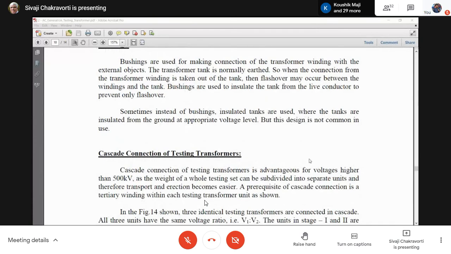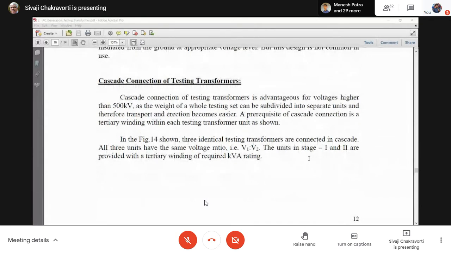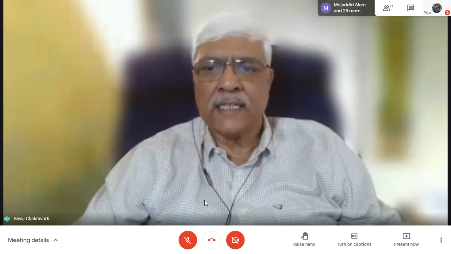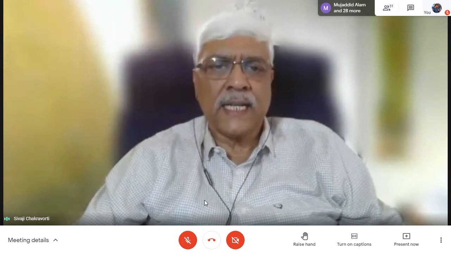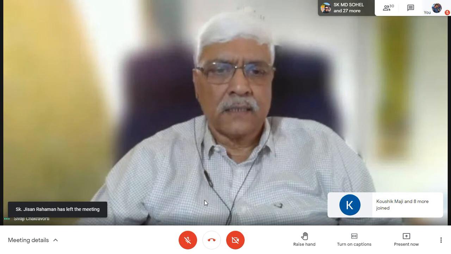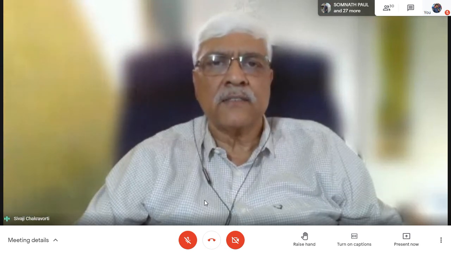Then comes a cascade connection of transformers. What is cascade connection? Now again, let me show you a figure. Then you get a clear idea as to what is a cascade connection. Let me show you because that makes things very clear.